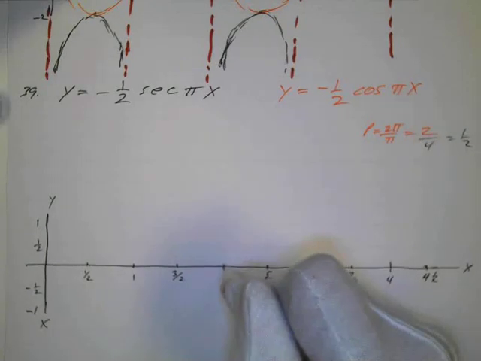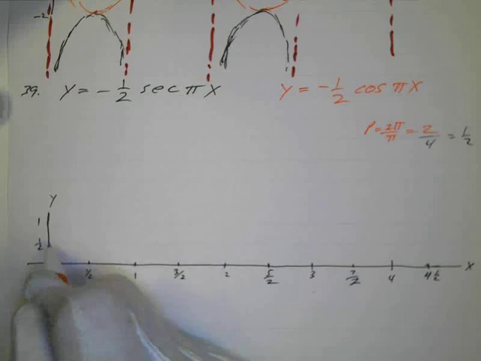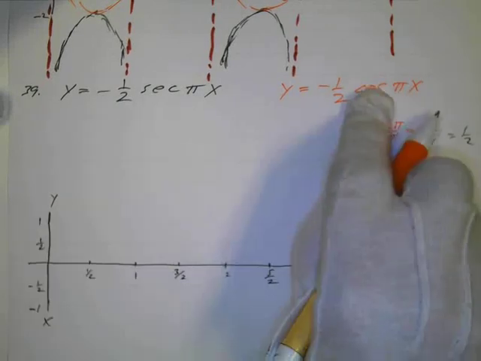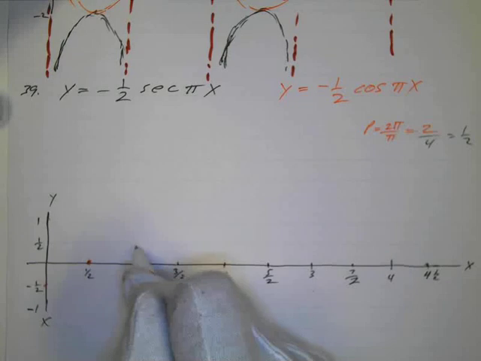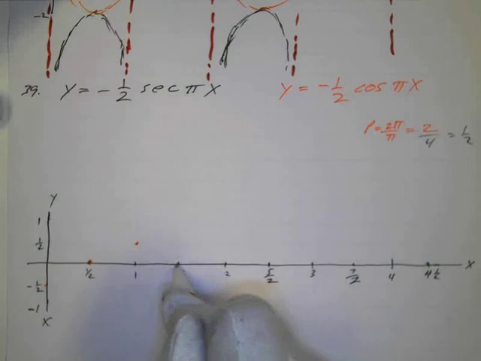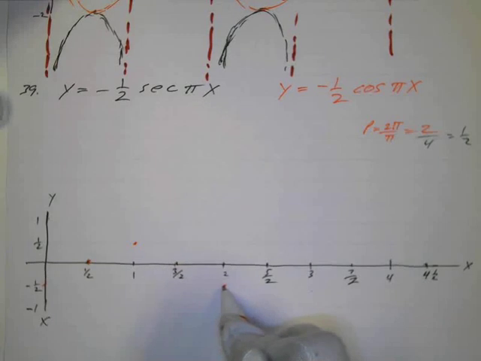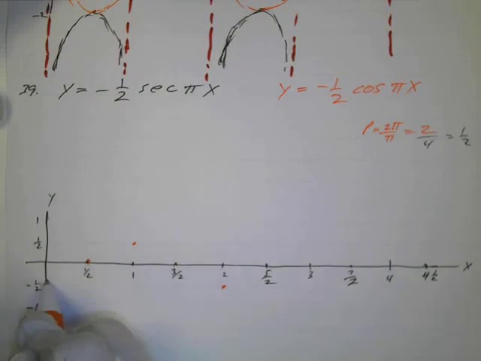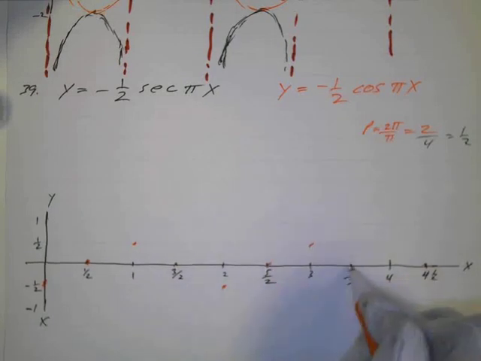Okay, so this is one period, one cycle. So we start the cosine usually on 1, but we're going to multiply that by -1/2, so we're going to start here at -1/2. And then we go here, 0, up, 0, and back to the beginning. And then you can follow the same pattern. Up there, okay.